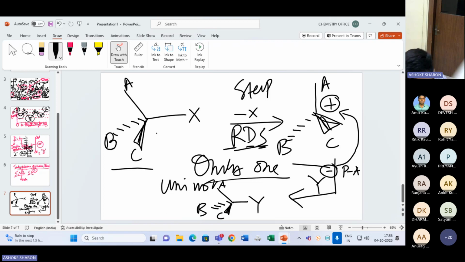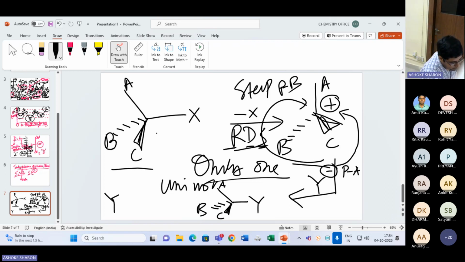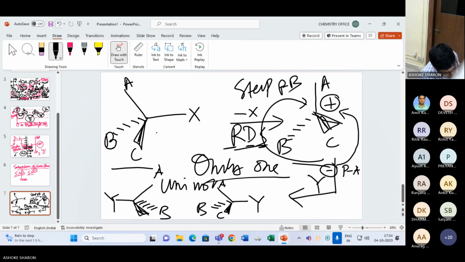If Y minus is attacking from path B, then what you will get is Y, A, B, and C. Clear?